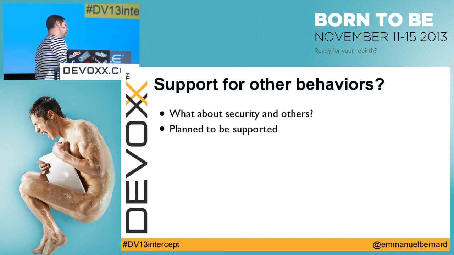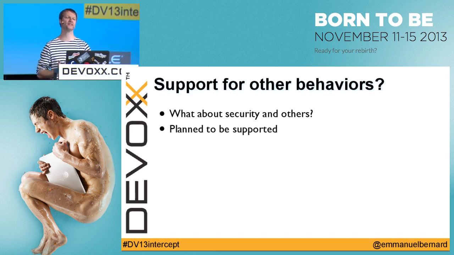So what about the other features like non-transactional services? I did mention security a couple of times. Can I also use them in a separate way? Well, unfortunately not yet, but that's definitely the plan, except it's all about priorities.